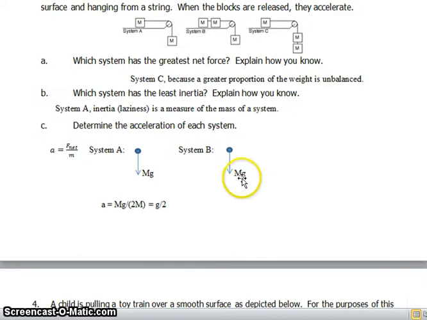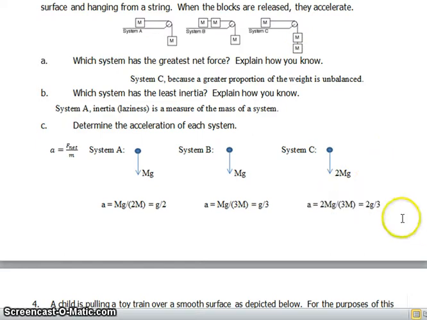We have mg downward. And this time, you still have the mg being the net force, but now the mass is 3m, so it's g over 3. And for system C, now we have a net force of 2mg. So a equals 2mg divided by the total inertia, which is 3m, and we get 2/3 of a g.